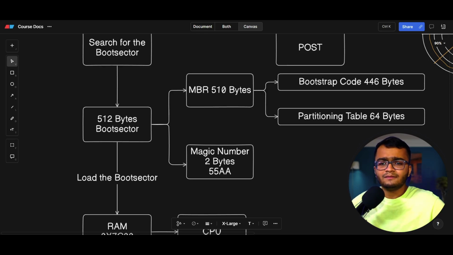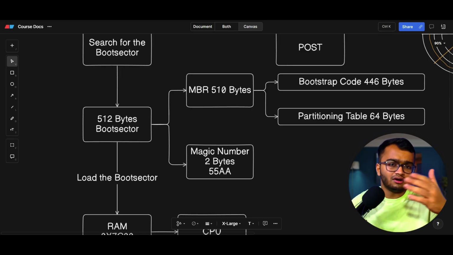After the bootstrap code, the remaining 64 bytes are held by the partitioning table. This partitioning table consists of information about how your hard disk is partitioned, whether it has 2 drives, 2 partitions, or 3 partitions.